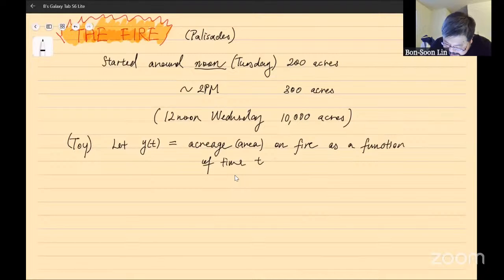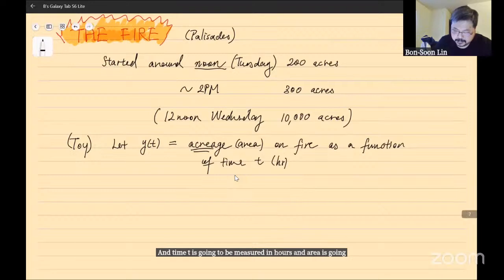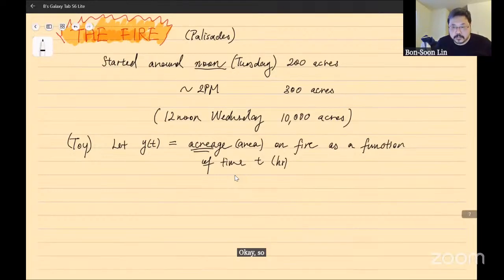And time t is going to be measured in hours, and area is going to be measured in acres. Okay, so y of t is this function.